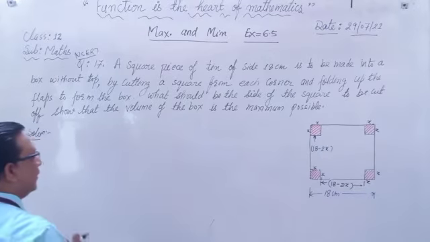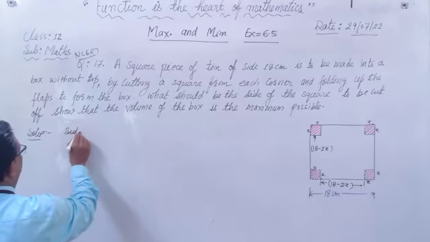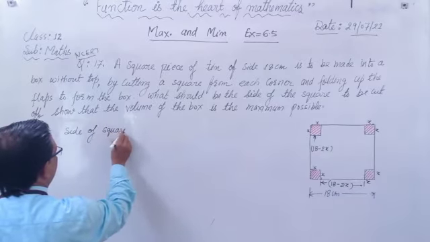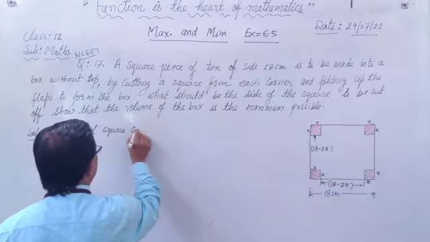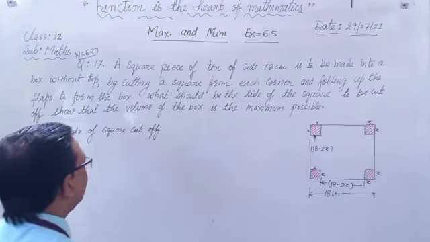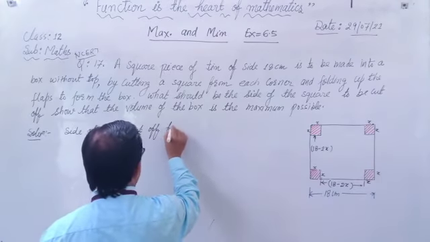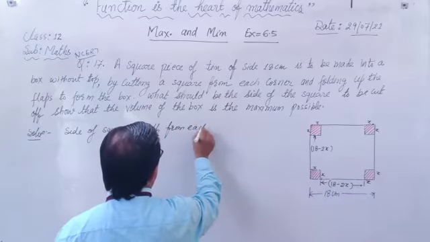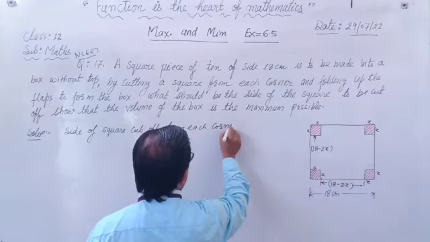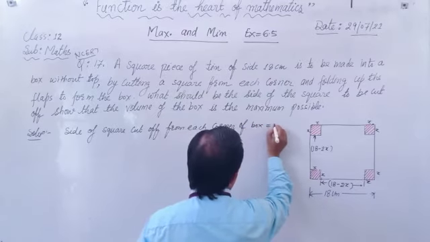First we consider the side of the square cut off from each corner of the box is equal to x.